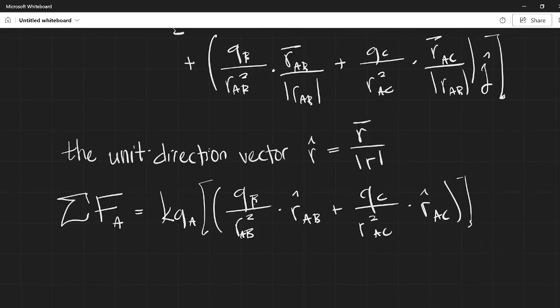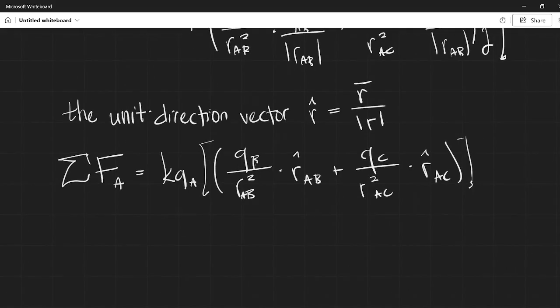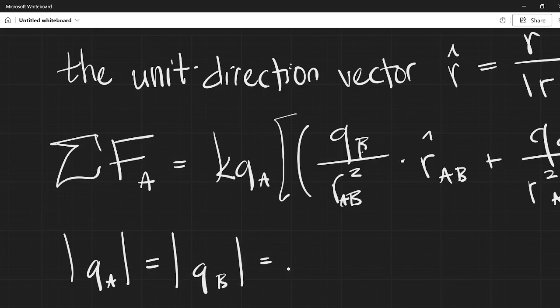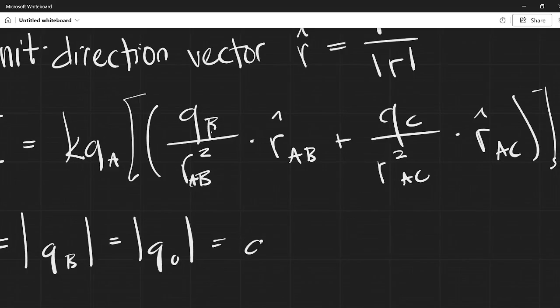Now, this might seem weird because it's like, don't we need i and j components? Well, wrapped up in each of these, and you'll see this at the end, wrapped up in each of these direction vectors or unit vectors is an x and y component. But we're going to take note of one more thing before we actually evaluate this. We're just going to call all of these Q, right?